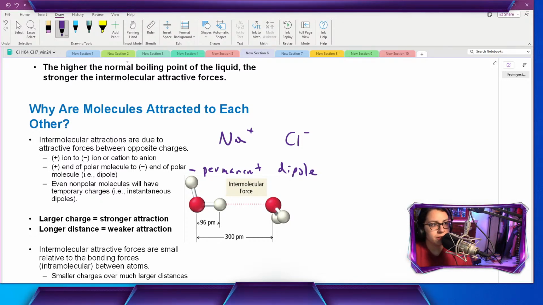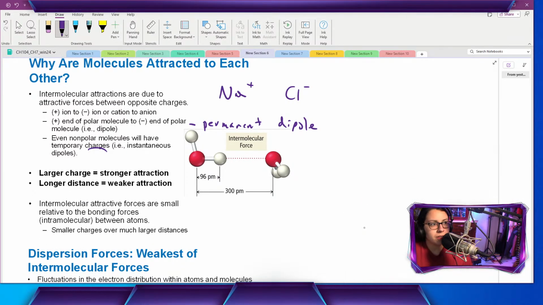And then we'll find that even non-polar molecules have these temporary charges, and they call those instantaneous dipoles, which we will look at. And then, of course, the distance also influences the factor. So the smaller the distance, the greater the force.